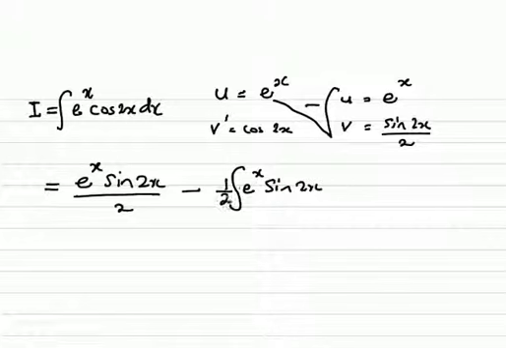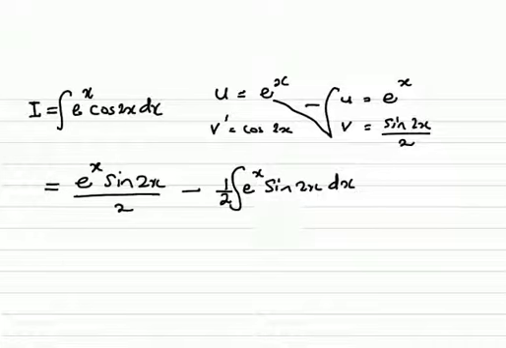Let's put this outside the integral sign. Now when you look at this, it looks like we're basically at the initial point, and it could seem as if this process is never going to end, but this process will end as long as we work with our eyes open and monitor what is happening closely.